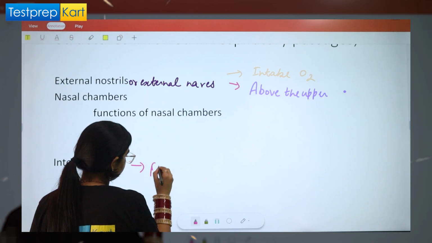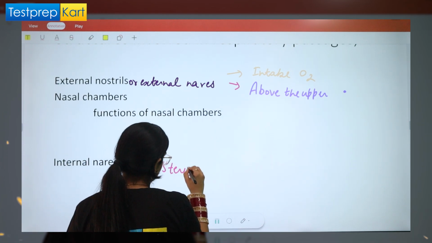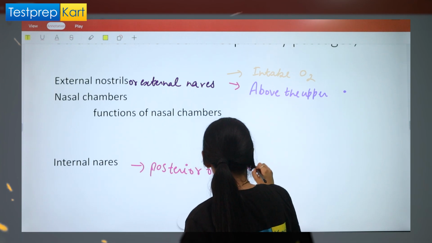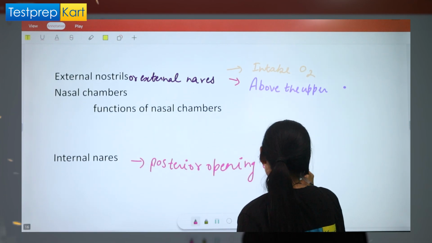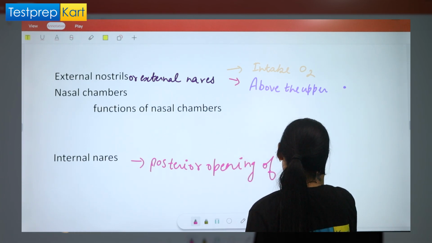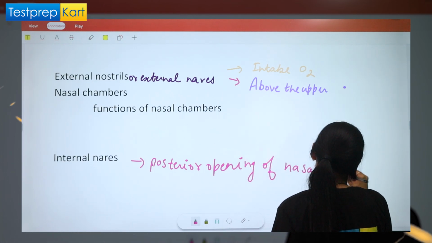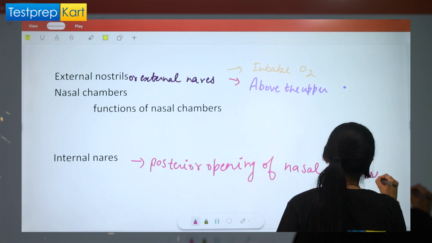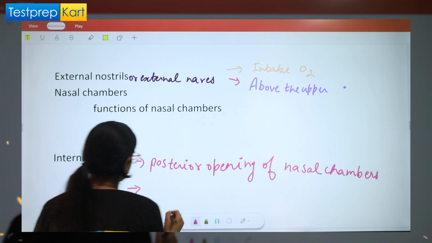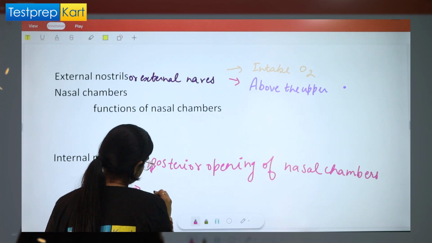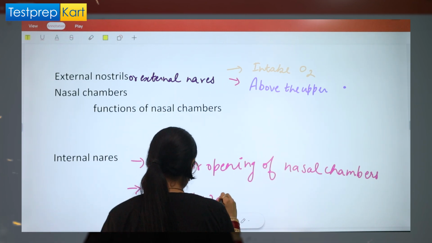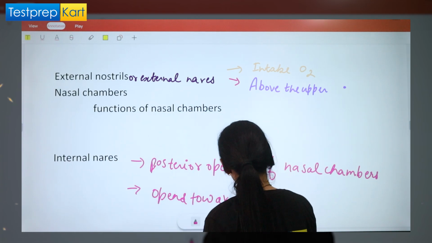So it is the posterior opening of the nasal chamber, right? And it will open to the next part of the respiratory passage, that is the pharynx.